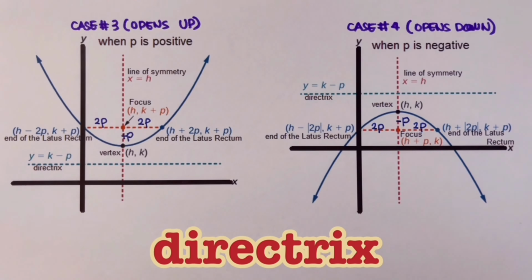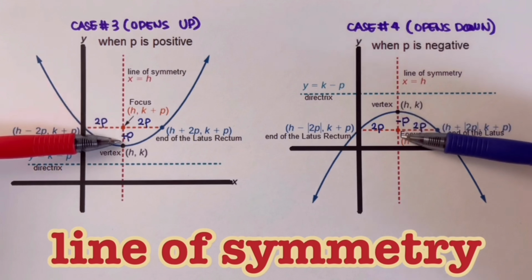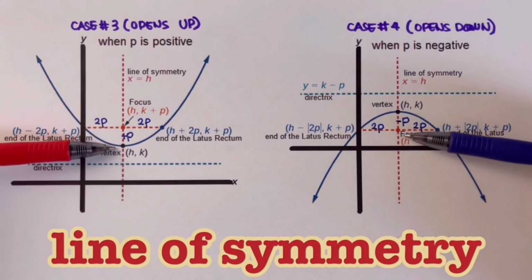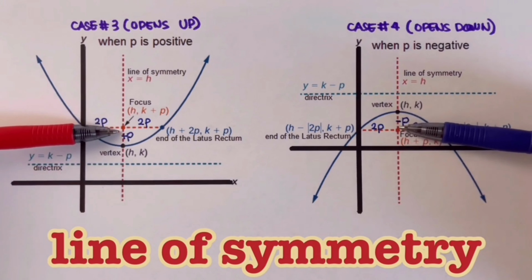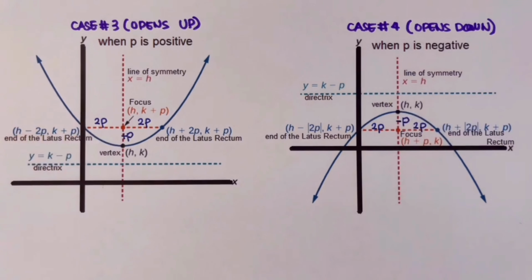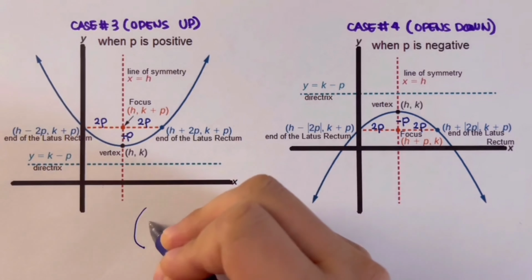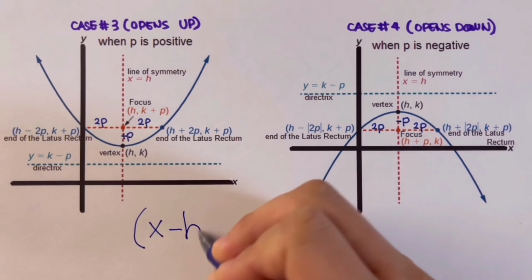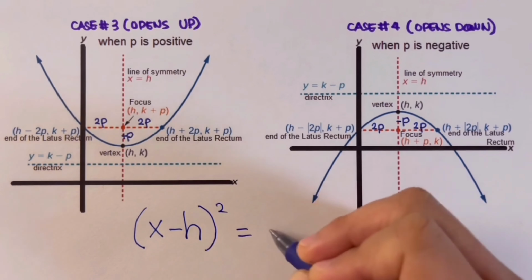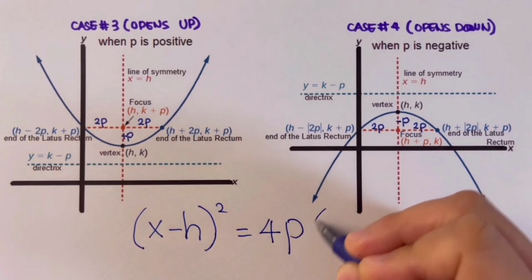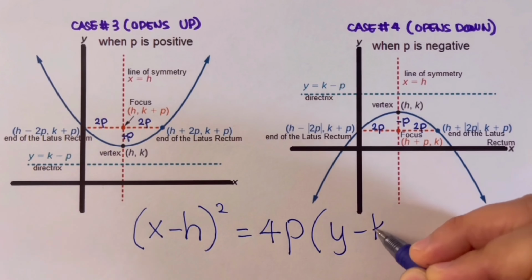And then we also have another part here, which is the line of symmetry. The line of symmetry is a line that passes through the focus and the vertex. For cases numbers 3 and 4, the general equation of the parabola would be (x - h)² = 4p(y - k).